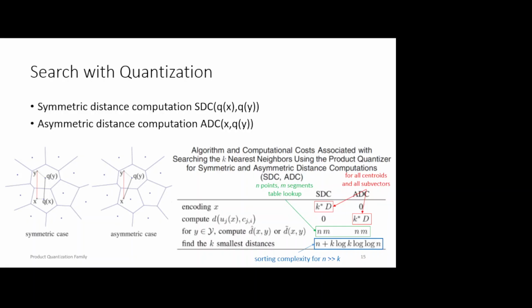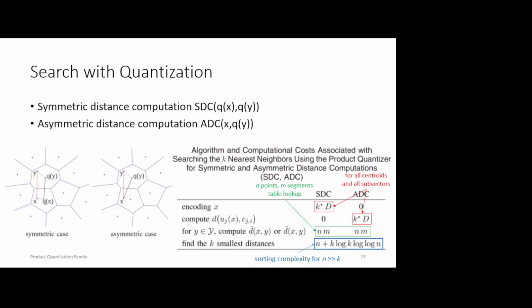Sorting N values is N log N. But if you just want the k nearest, it's N log k, and if N is much bigger than k it can be reduced.